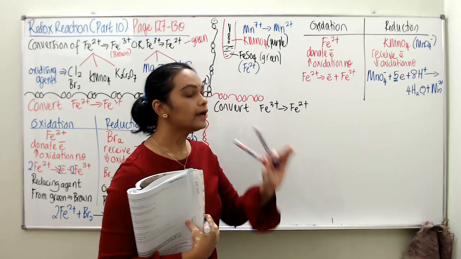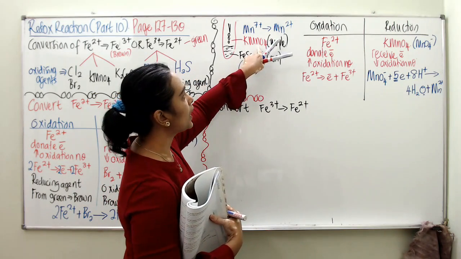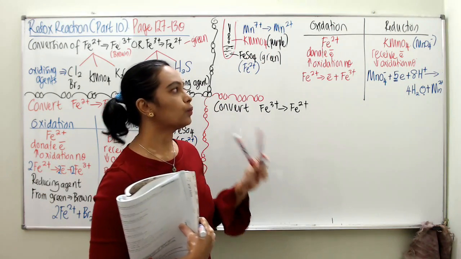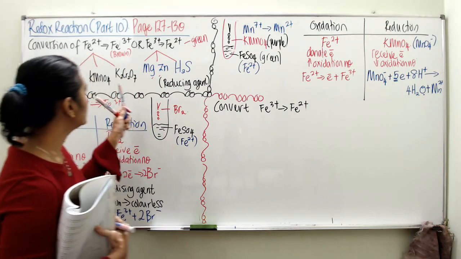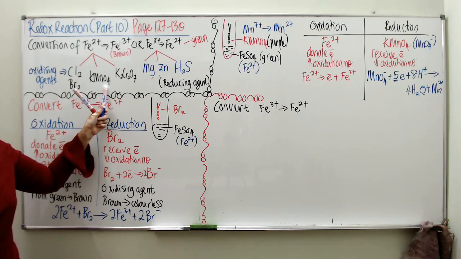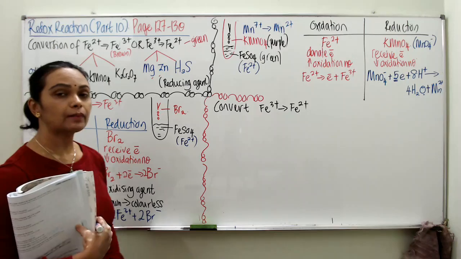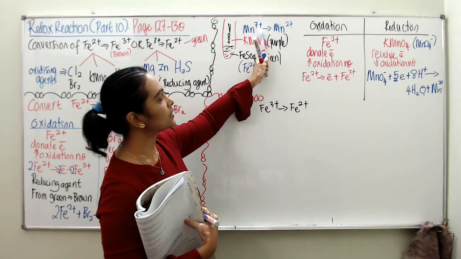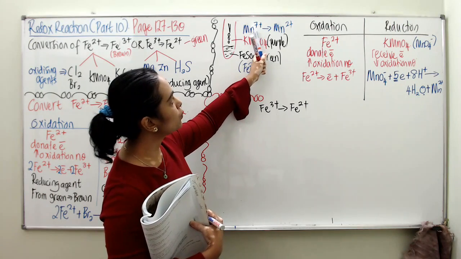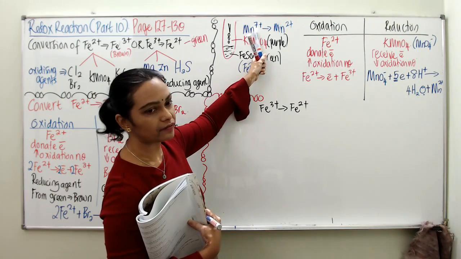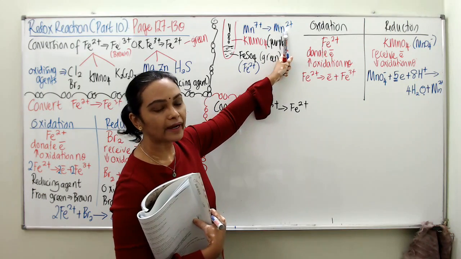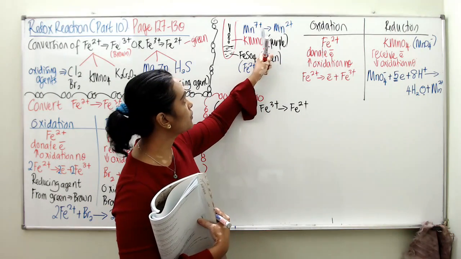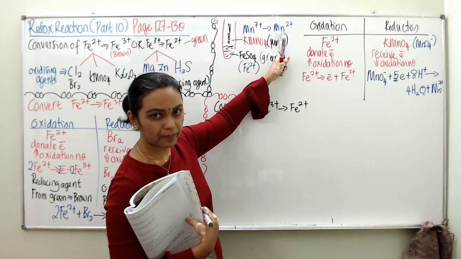In order to do that, you introduce potassium manganate, which is a purple solution. Potassium manganate 7 is an example of an oxidizing agent. An oxidizing agent goes through reduction, where the potassium manganate 7 changes into the manganese 2 ion. Can you see that there's a reduction happening here?